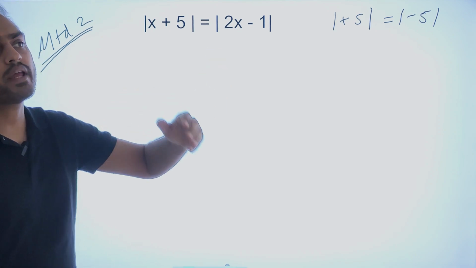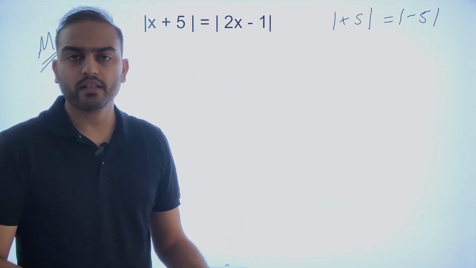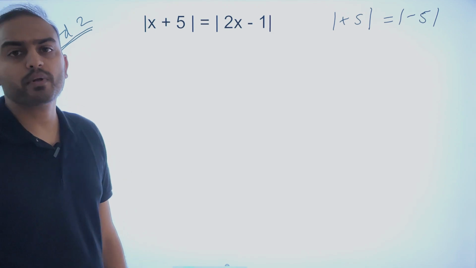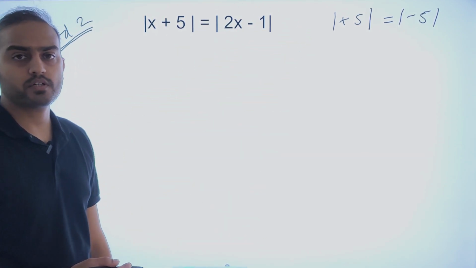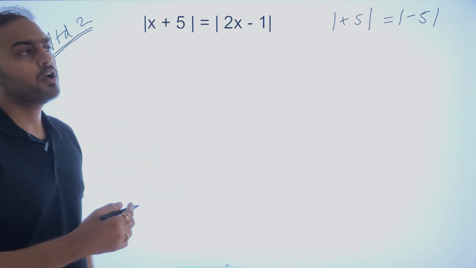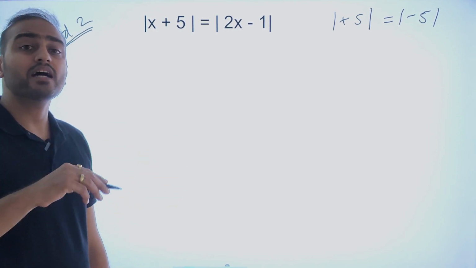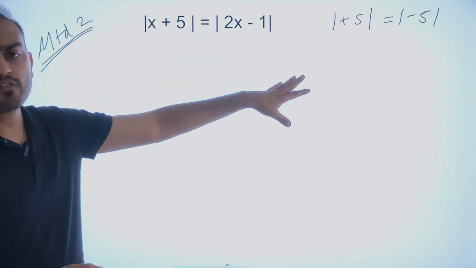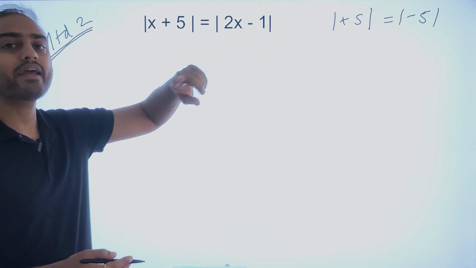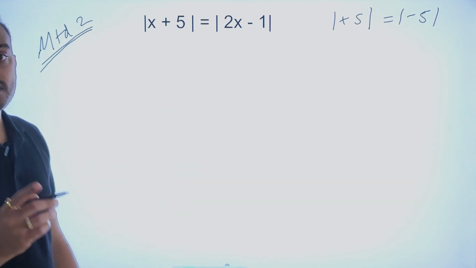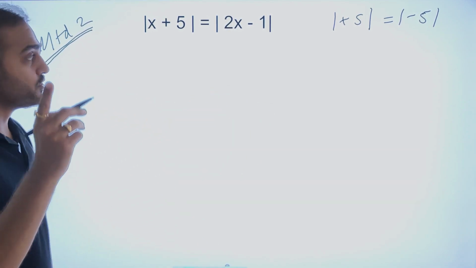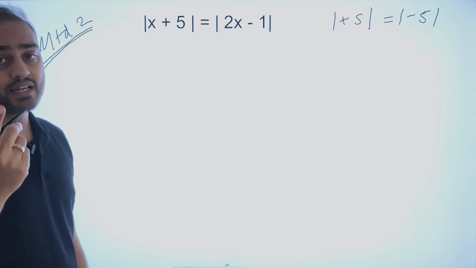Now think, do you know any other operation in math that gives you the same answer for both plus 5 and minus 5? Think about it. If you thought of squaring, yes.